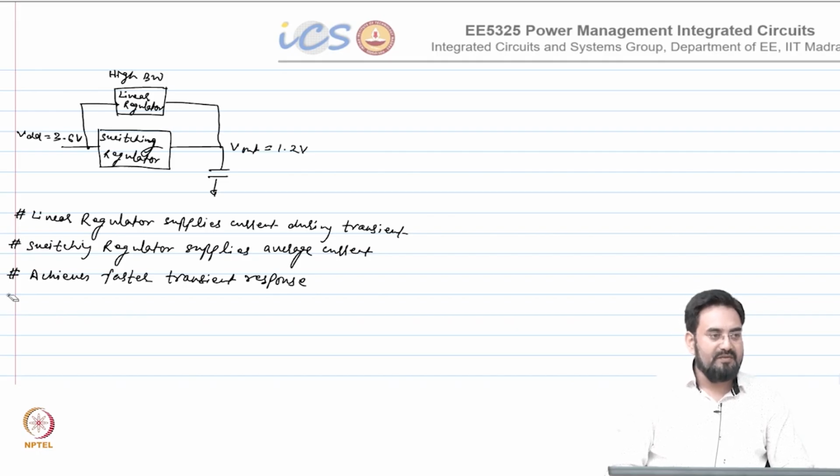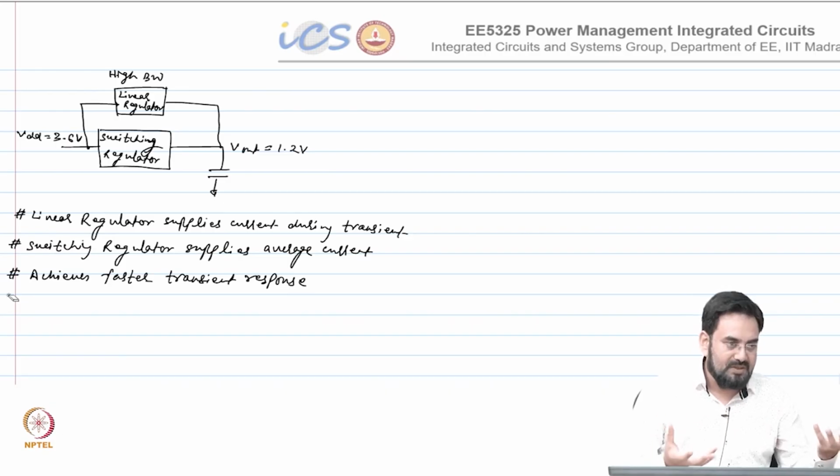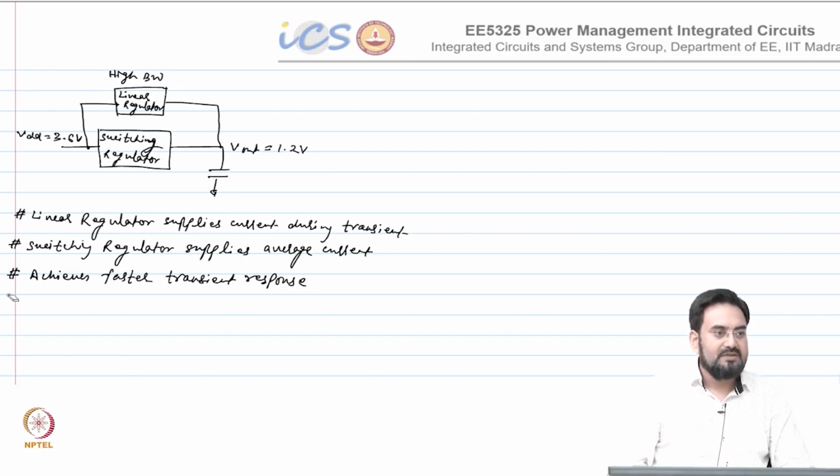Okay. So, if you have to cater the total 2 amp current from switching regulator, you have to design it for 2 amp, which means you have to use bigger FETs and all those. Okay. And which means you may incur more switching losses also, because gate driver gate cap size will be larger here.